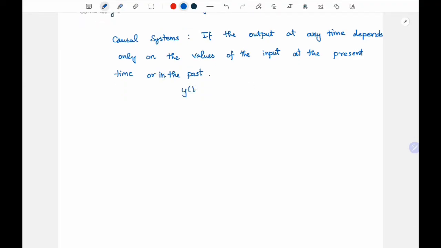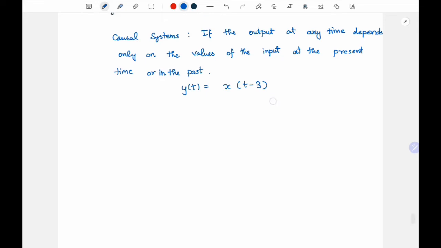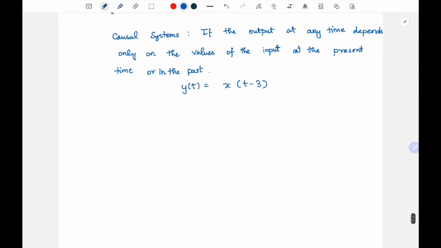For example, y of t is equal to x of t minus 3. Each value of y of t depends on x of t at 3 units back in time, if we consider the independent variable as time.